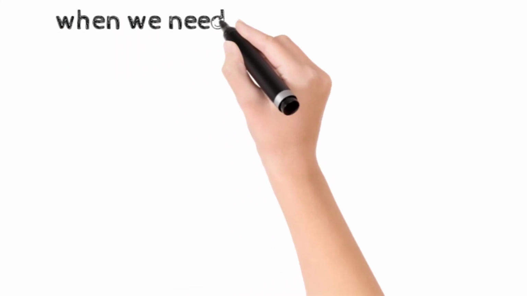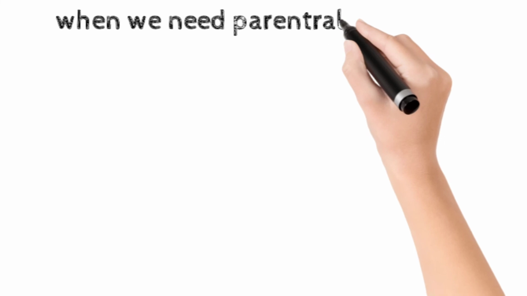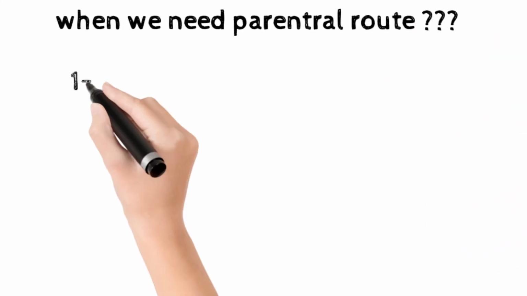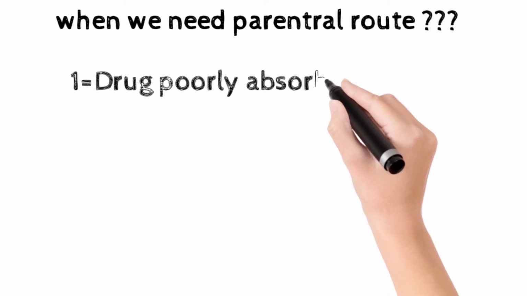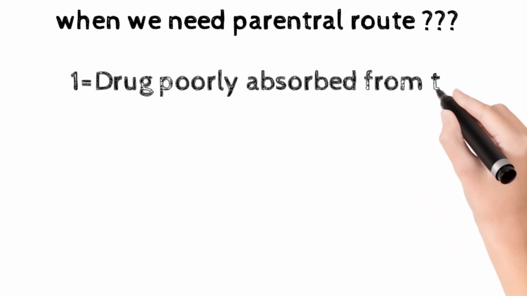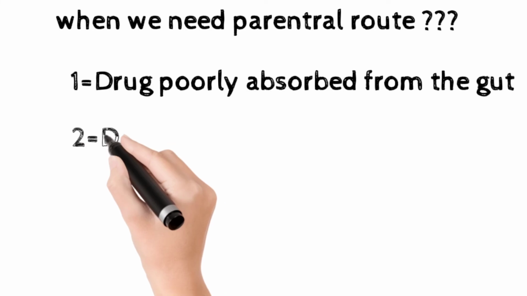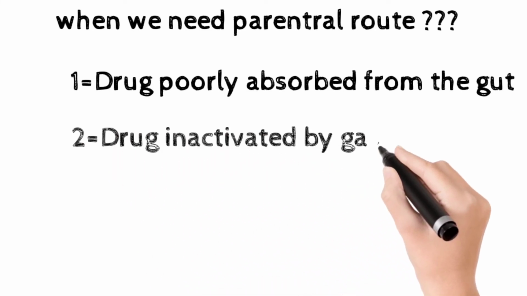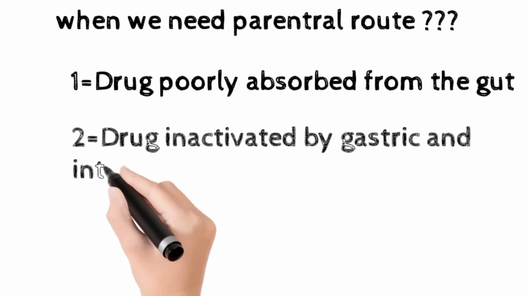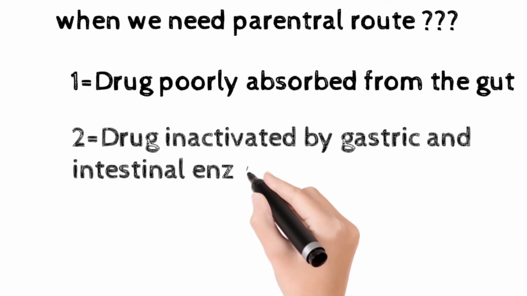Now the question arises: when do we need the parenteral route? Number one, if a drug is poorly absorbed from the gut. Second, if a drug is inactivated by gastric and intestinal enzymes.